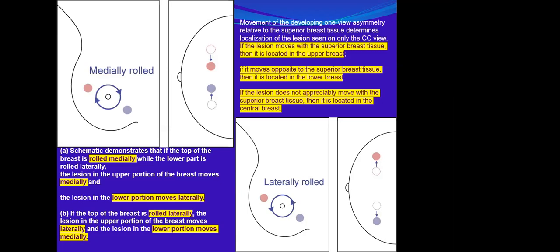But if you roll the superior breast medially and the lesion goes laterally, that means it is in the inferior breast, and vice versa. Is it clear for all of you?